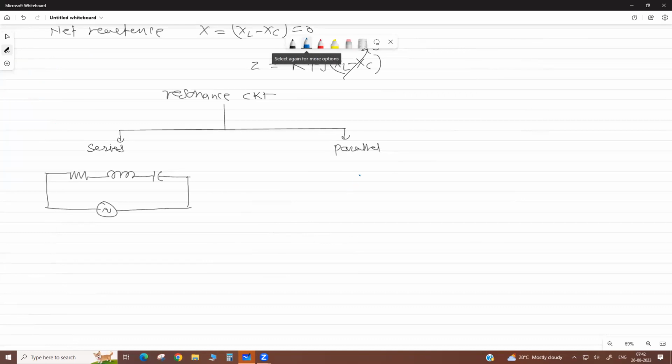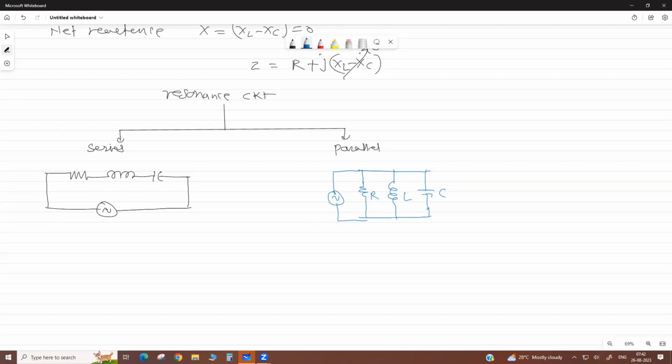In parallel resonance, all components R, L, and C are connected in parallel, forming a parallel RLC circuit. Resonance can occur in this also, if you connect a pure resistor, pure inductor, and pure capacitor.